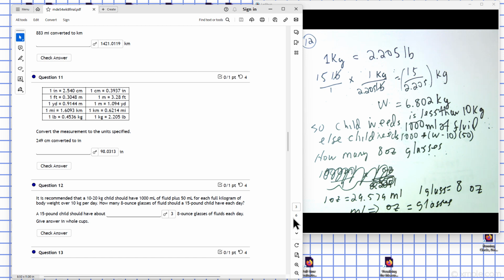Okay. How many 8-ounce glasses of fluid should a 15-pound child have each day?